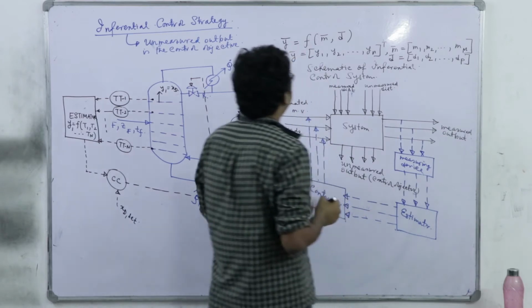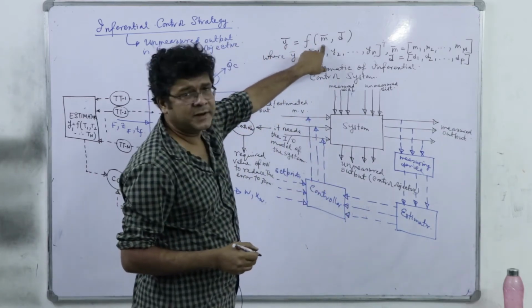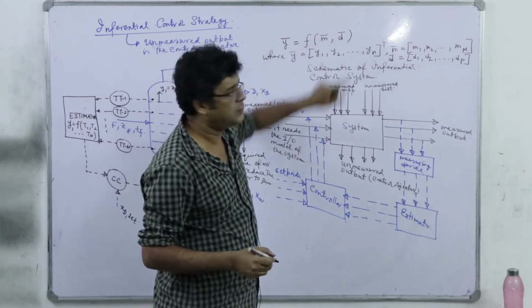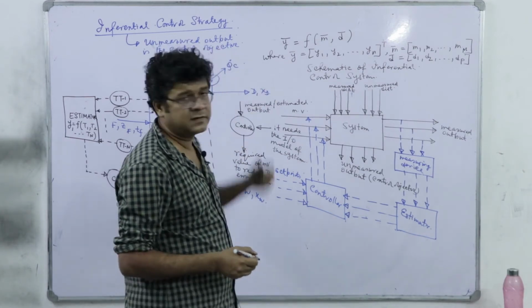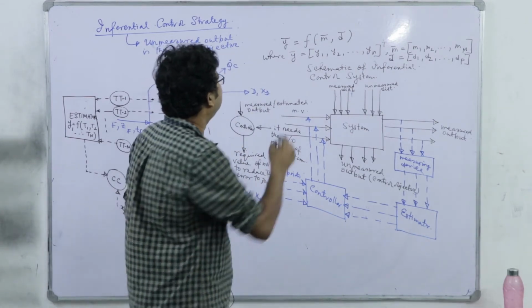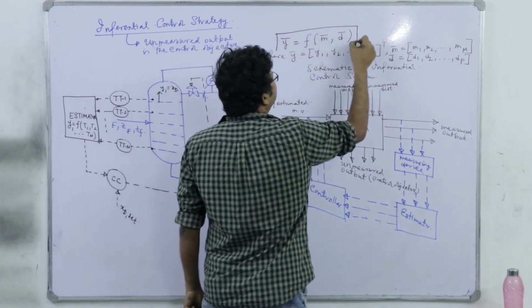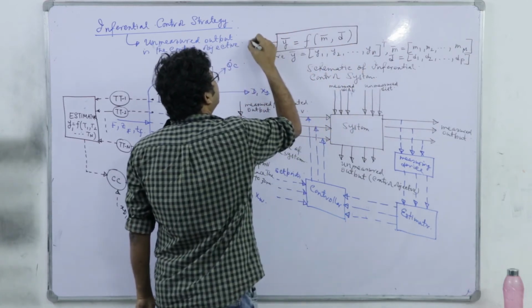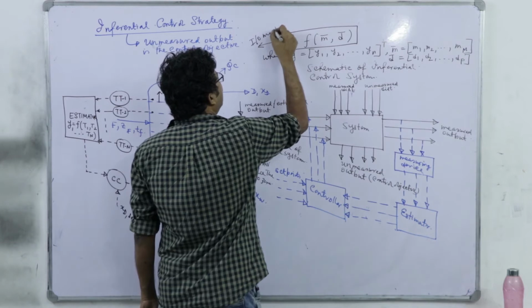So, the output is expressed as a function of input variables. The input variables consist of the manipulated variable and disturbance. This is the general functional form of the input output model.